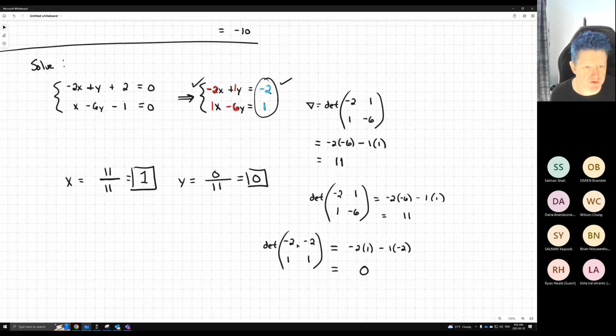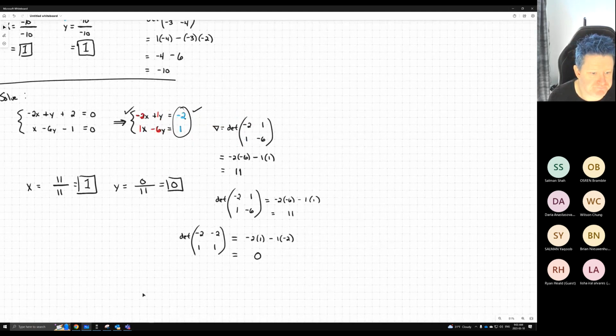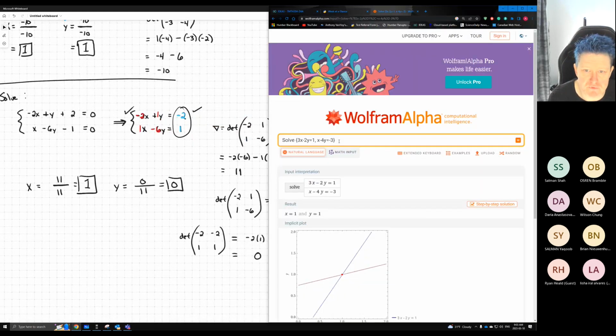So let's see if Wolfram Alpha agrees with our solution. And by the way, when you're doing practice problems, I recommend using Wolfram Alpha or one of these systems. We'll start with the original system, but you can type in either one.